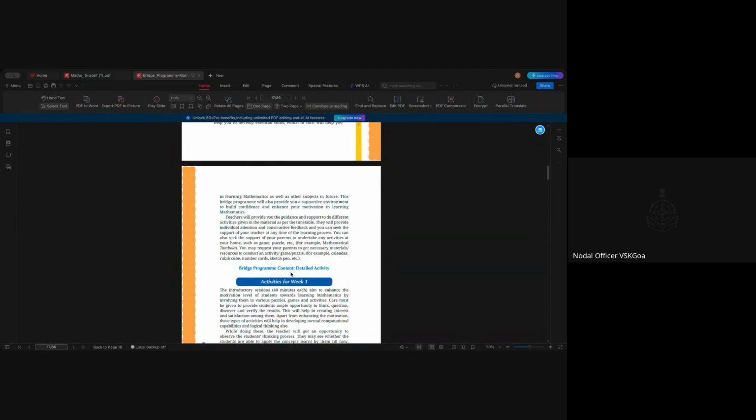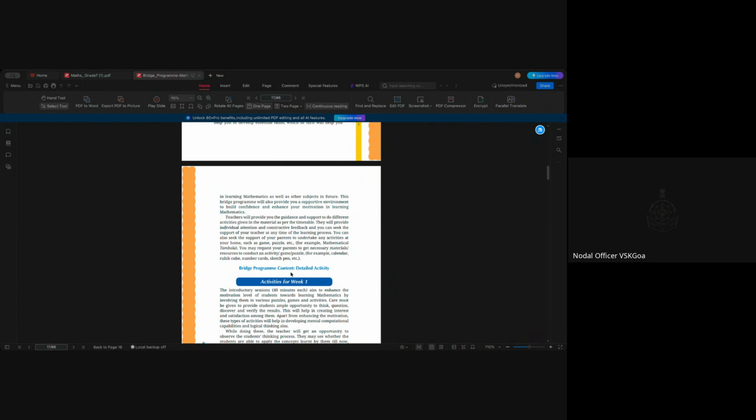Okay. So before I go to these activities, let me make some points clear. Point number one: before you perform any of your activity, first map that activity with the curricular goal and the competency. Very, very important.